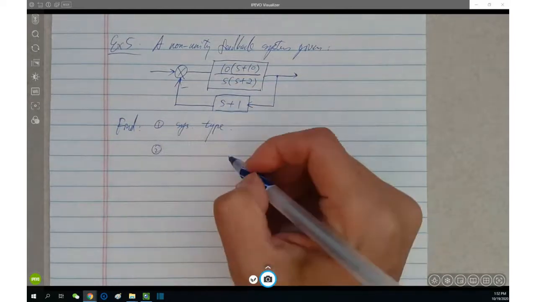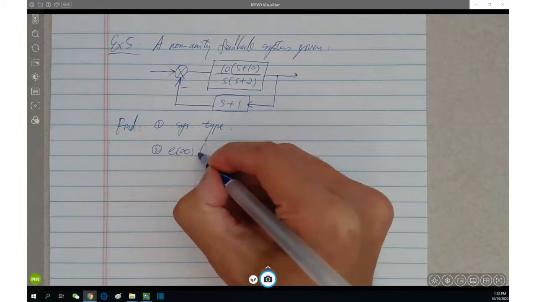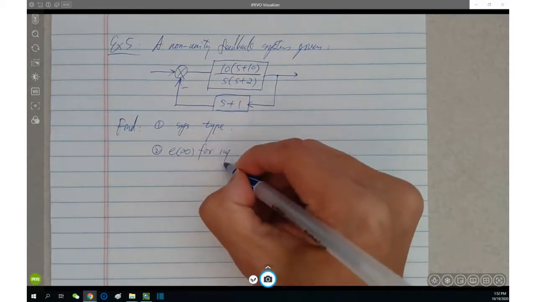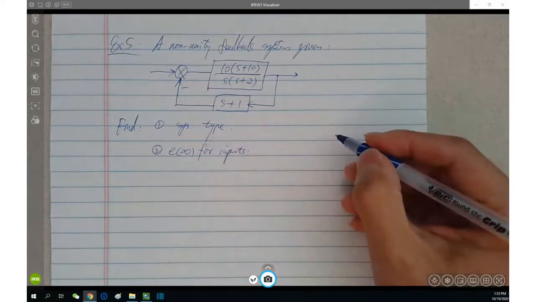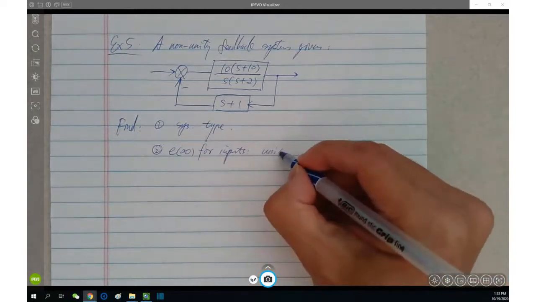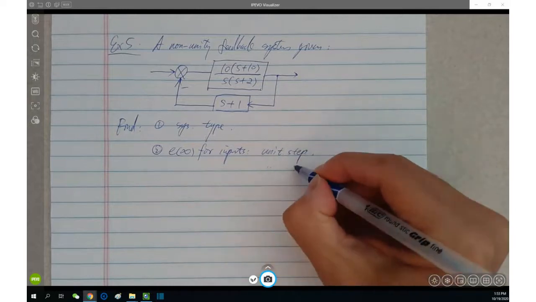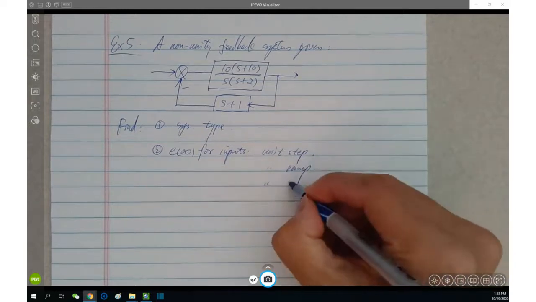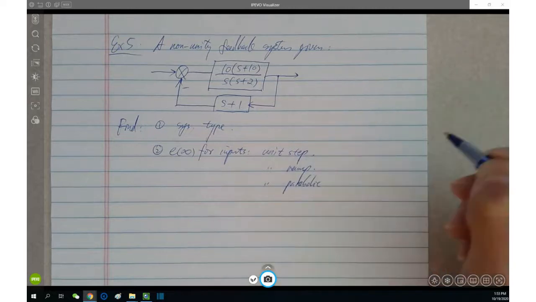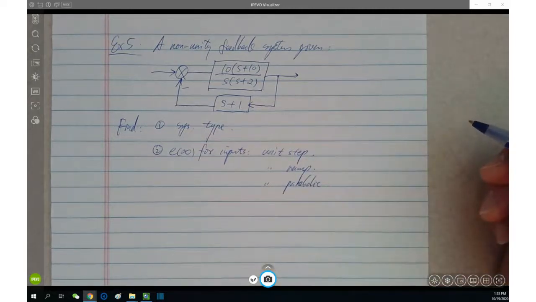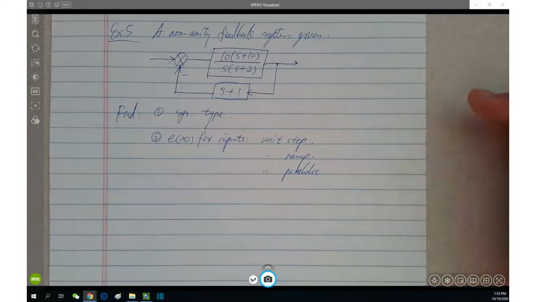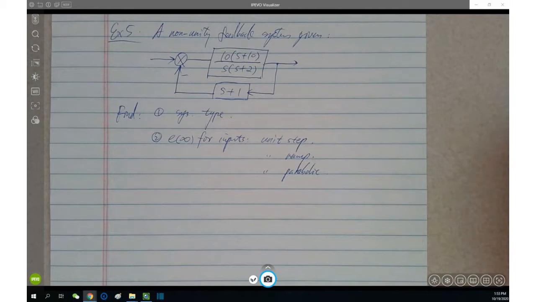Second, find the error for inputs, well, unit step, unit ramp, and unit parabolic. I'll give you guys another 10 minutes. Go ahead.